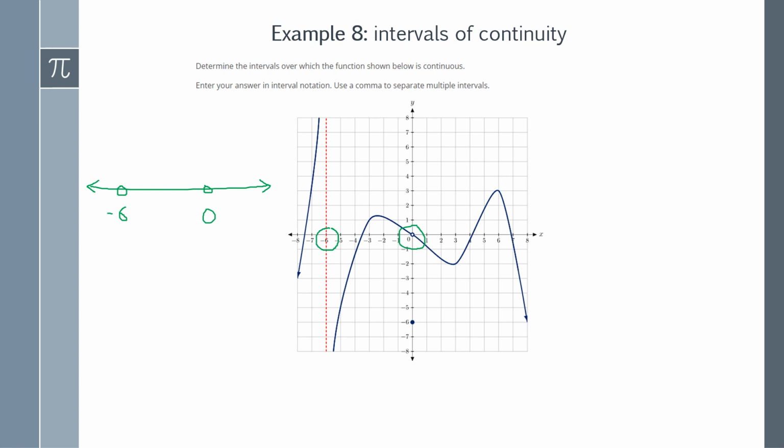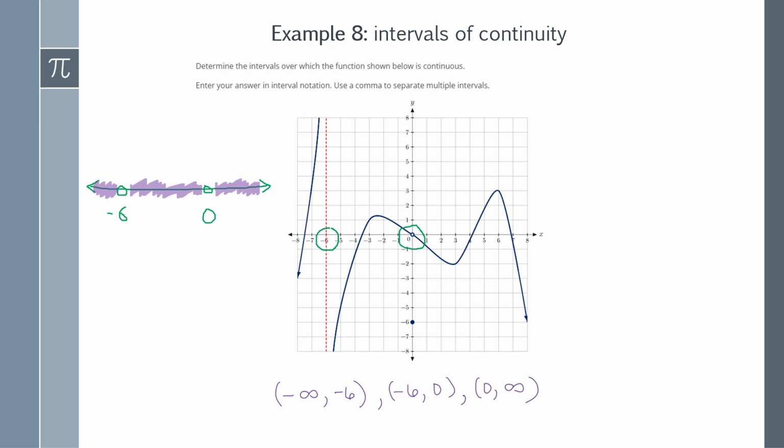So what are these intervals from a visual point of view? It's going to be from -infinity to -6, and then from -6 to 0, and then from 0 to +infinity.